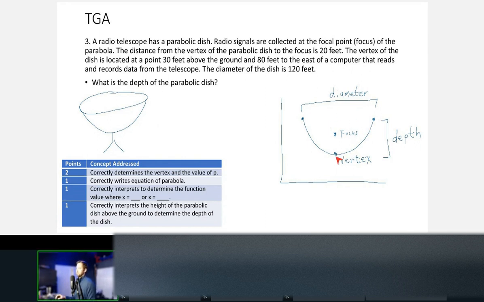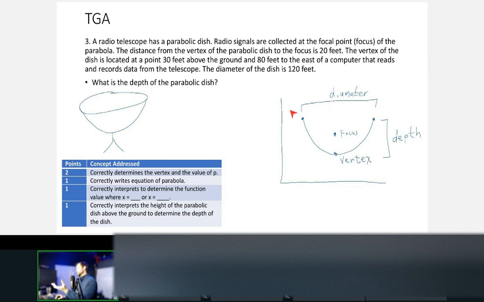Given this information, you should be able to label everything to figure out all the parts. Remember, our goal in this problem is to find the depth. So, guys, make sure when you answer your TGAs, you answer the question that's being asked.